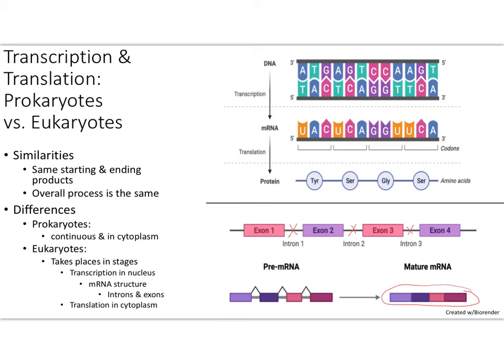If those introns are not taken off, then the protein can't be created. Now, why these are there, we're still not 100% sure of. However, we have figured out if those introns are not in the mRNA, at least initially, everything gets garbled. The message doesn't go through the way it's supposed to.